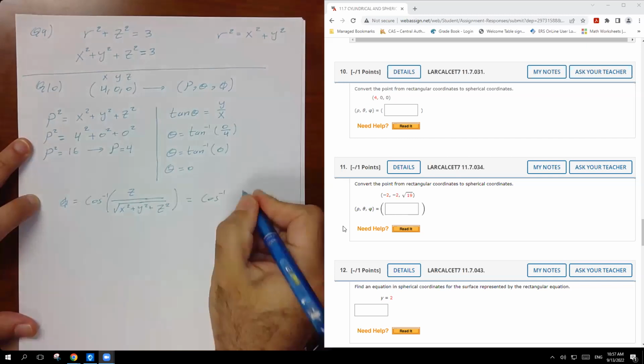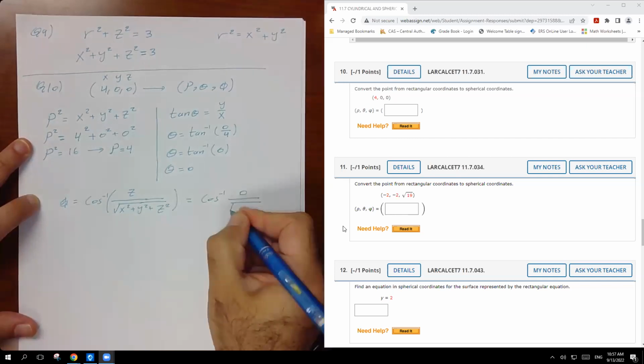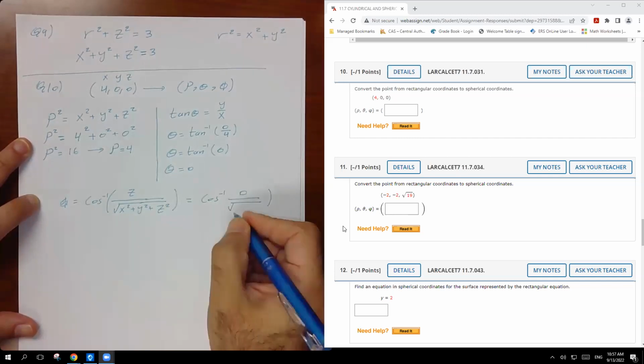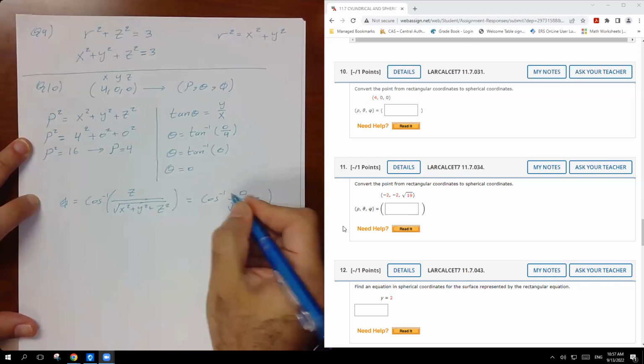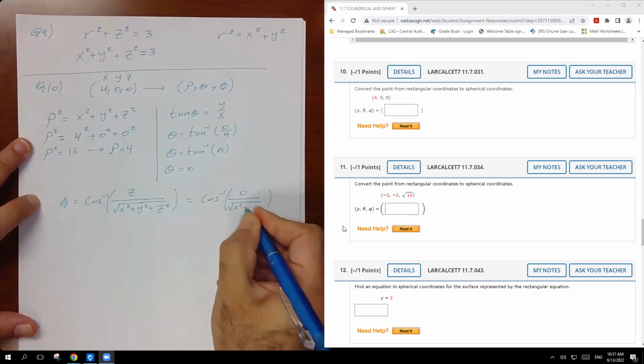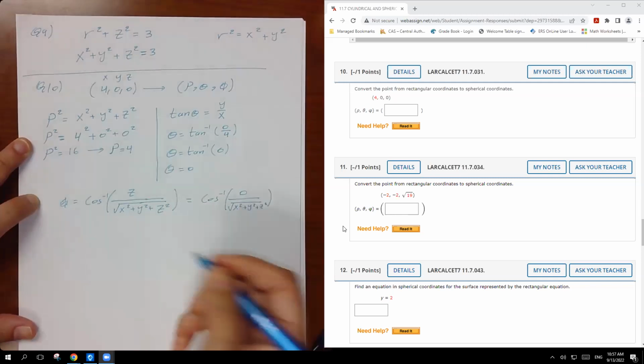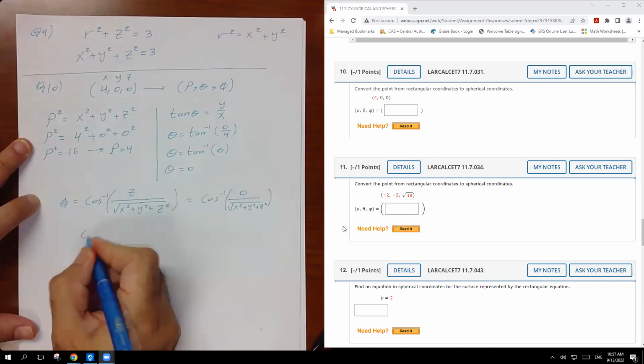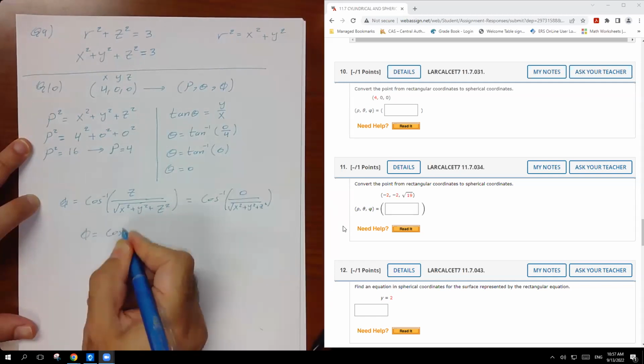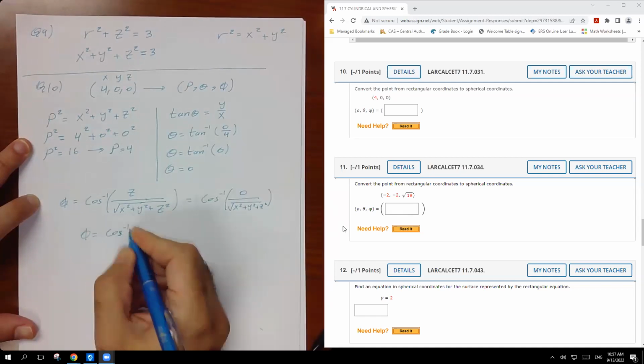That means 0 over the square root of x squared plus y squared plus z squared. I'm not going to plug that in, because 0 divided by any number is going to be 0. That means phi is going to be cosine inverse of 0.